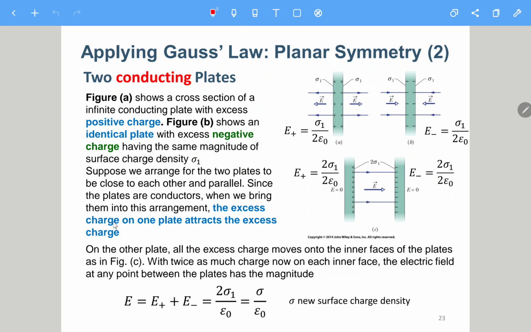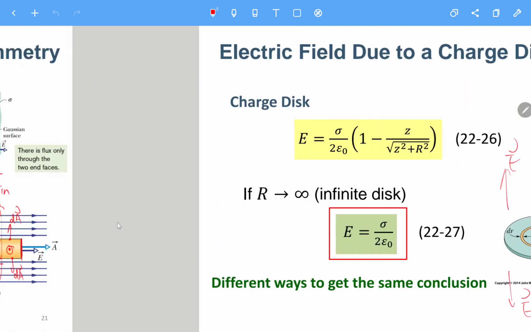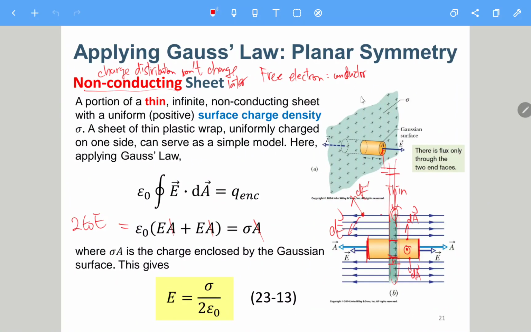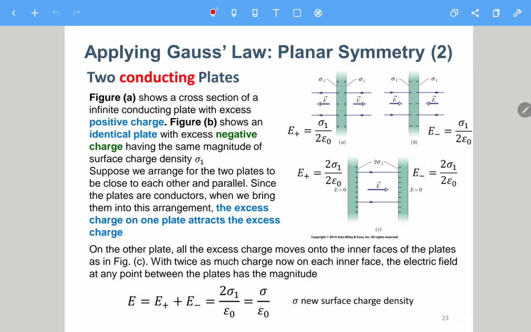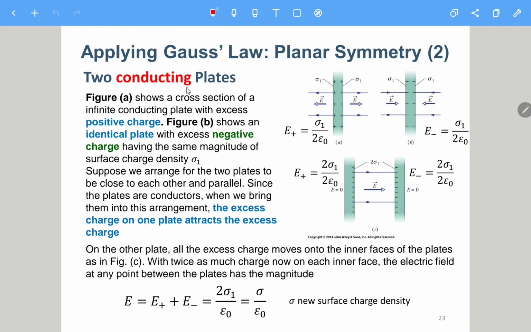Okay, so after finishing one plate, here we try to pick two together. Here we have two conducting plates, and these two conducting plates will have some thickness.